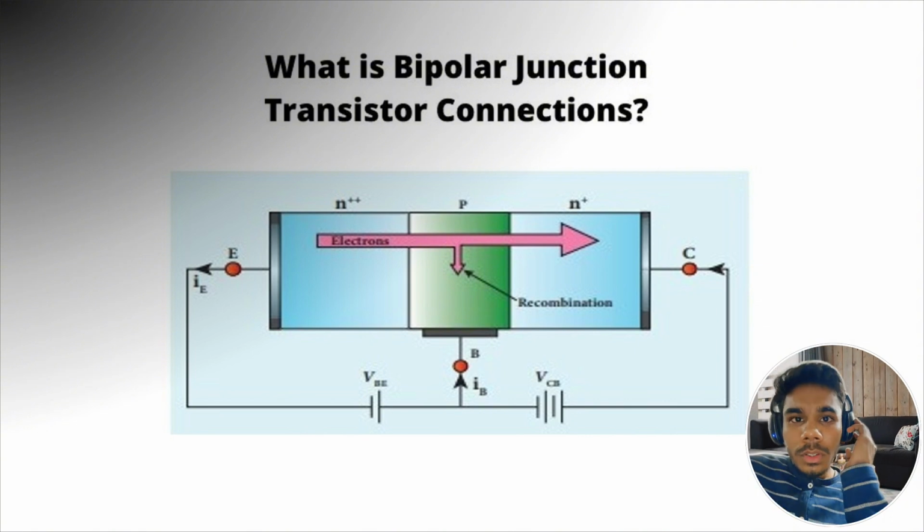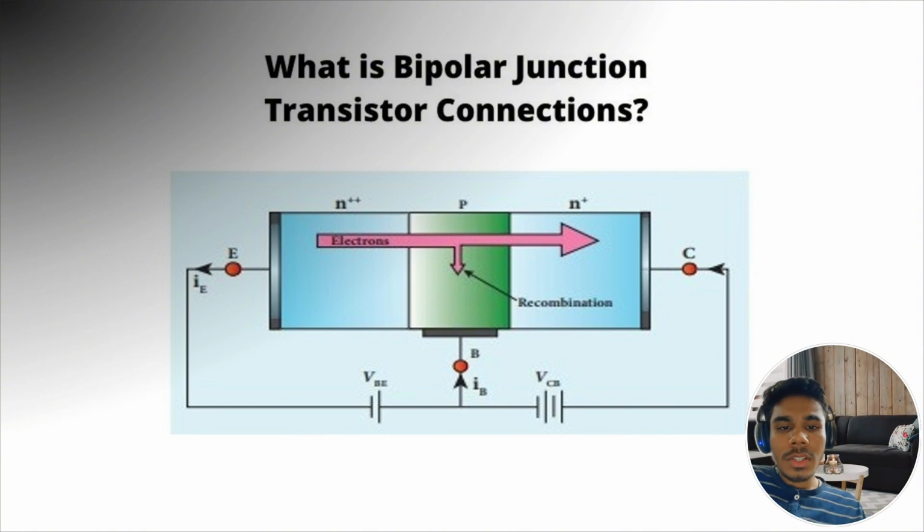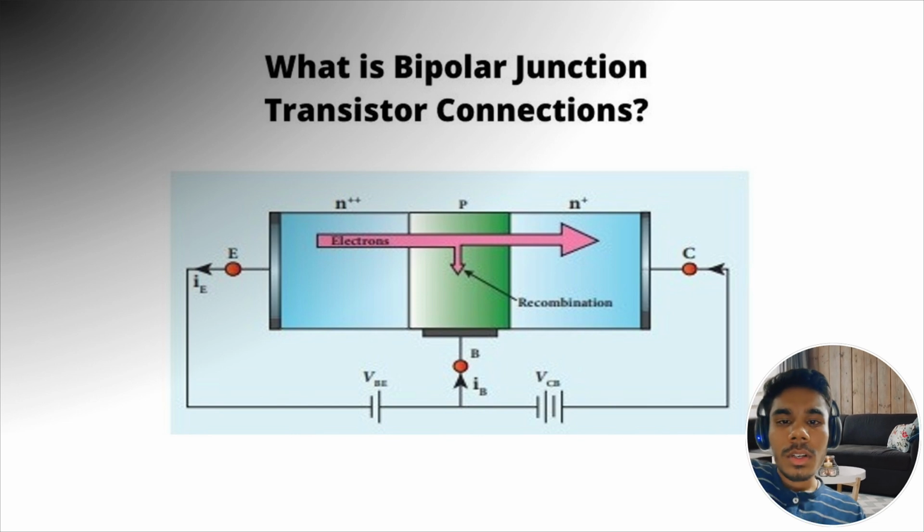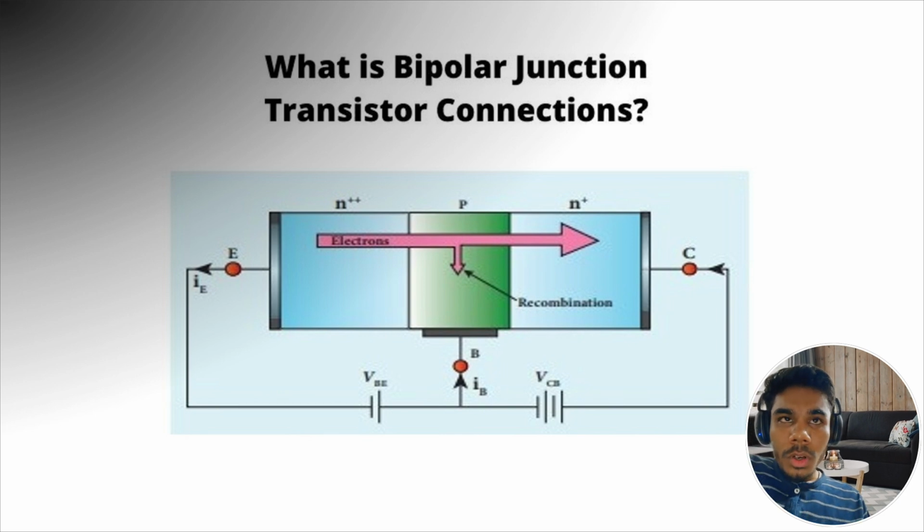Now we will talk about how the electrons flow in BJT transistor, and how current is produced. So let us start. First thing I want to tell you is about the amplified output. We want amplified output from the transistor, right?